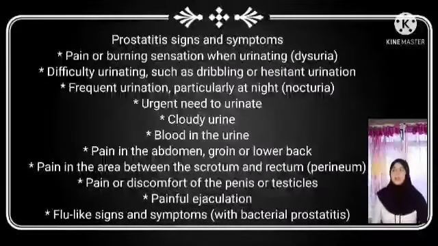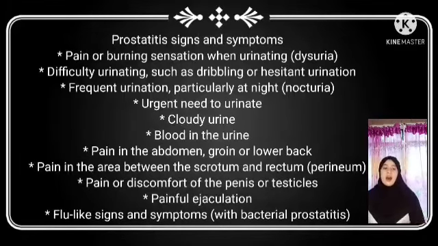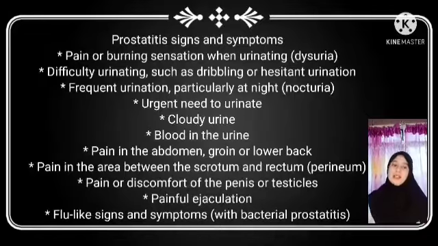These may include pain or burning sensation when urinating, difficulty urinating such as dribbling or hesitant urination, frequent urination, feeling like you always need to urinate, especially at night, urgent need to urinate, cloudy urine, blood in the urine, pain in the abdomen, groin or lower back, pain in the area between the scrotum and the rectum, pain or discomfort of the penis or testicles, painful ejaculation, and also flu-like symptoms with bacterial prostatitis.